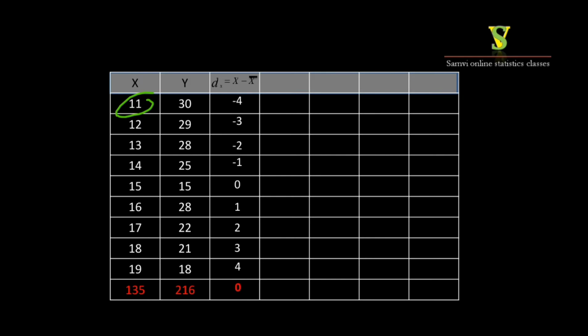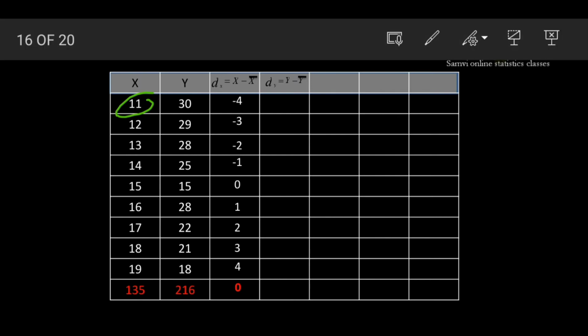So now you have to find dy. dy is nothing but y minus y bar. y bar is 24. Here y is 30 and y bar is 24. 30 minus 24 is 6.